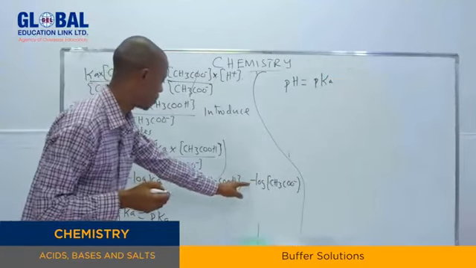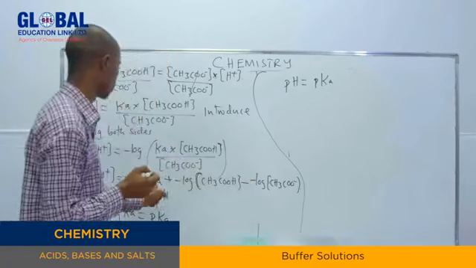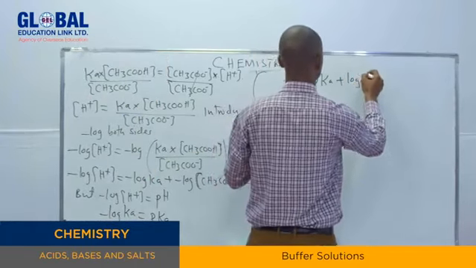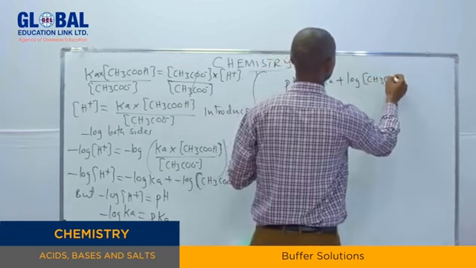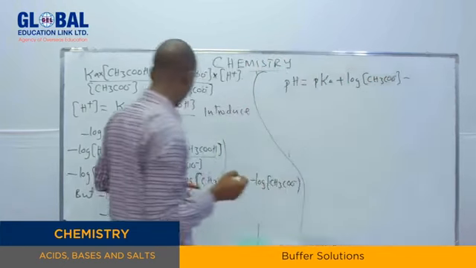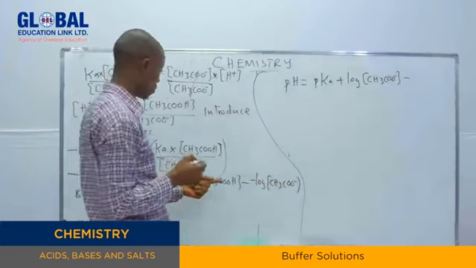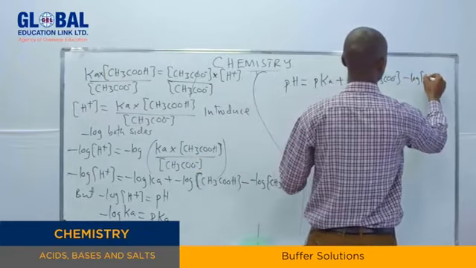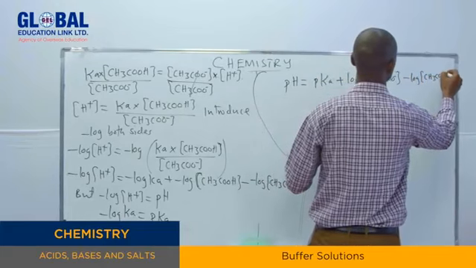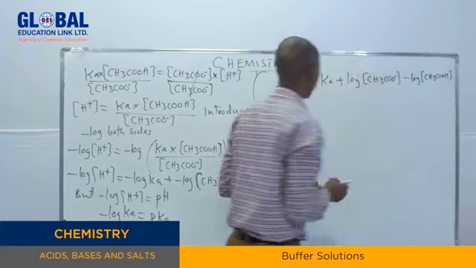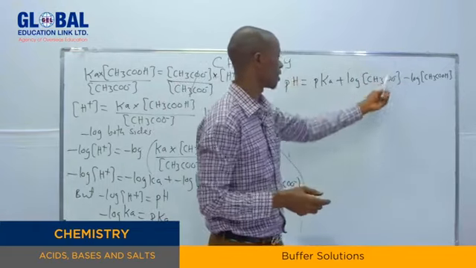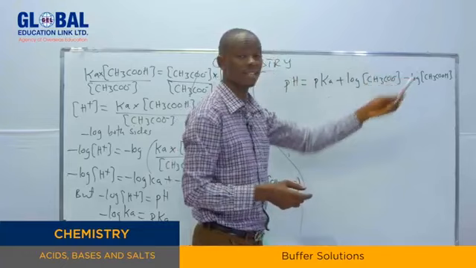Because this one will be plus, we take this positive value to this side. So plus the log of acetate ion, then minus the negative logarithm of acetic acid concentration. Now, I think you know the mechanism of logarithm. If we subtract logs, that means we can divide, and the bases are the same.